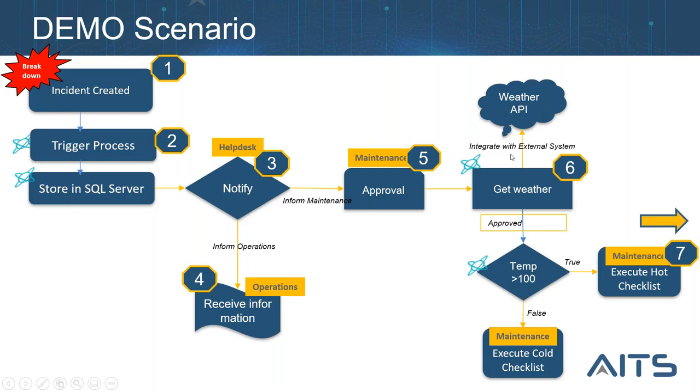We will be accessing it through our web API connectivity. So during this session, we will be showing two types of connectivity: one for a database, and one for a web API.